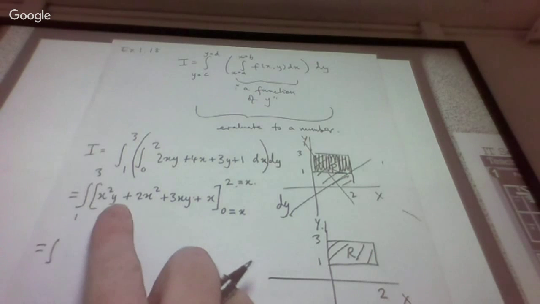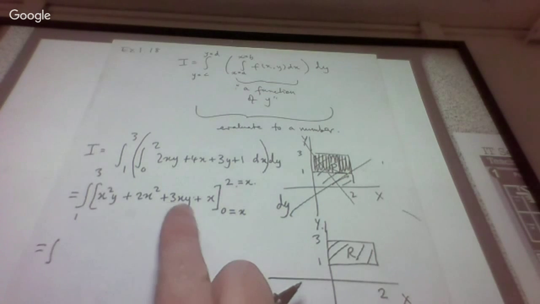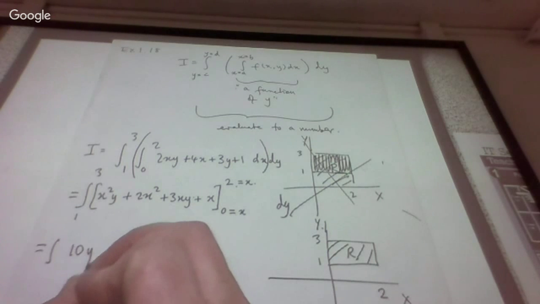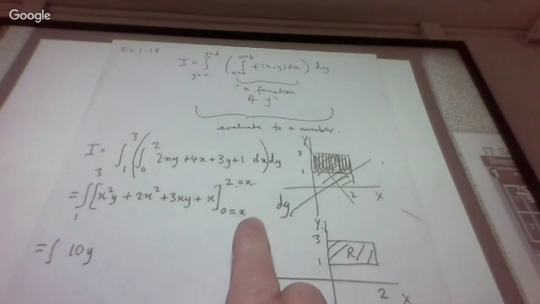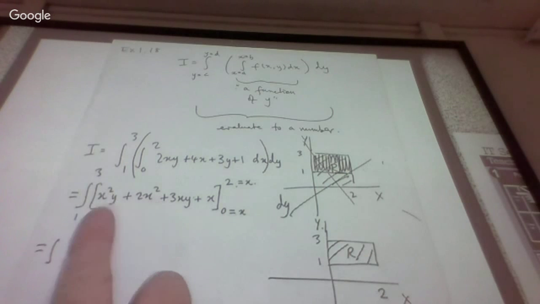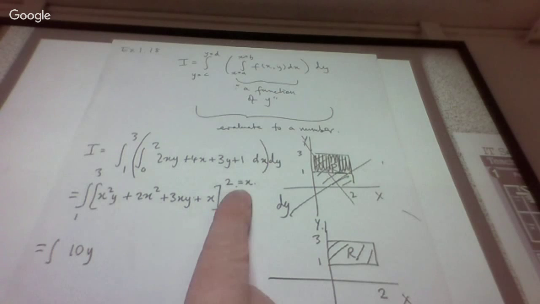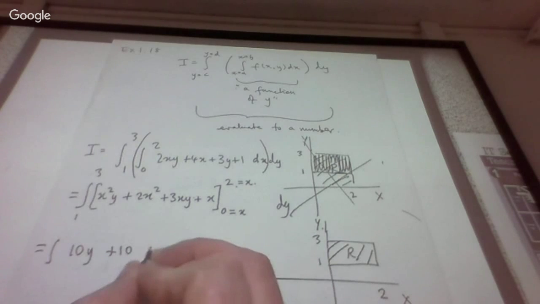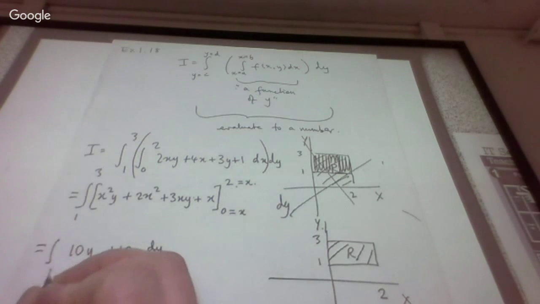We'll end up with 4y plus 6y. That will give me 10y in total if we evaluate it at 2. When you evaluate at x equals 0, you don't get any y's because they get cancelled out. And there's a constant term. When you evaluate at x equals 2, we've got 8 there plus 2, that's 10. So that agrees with what's in those. So that's the evaluation done.